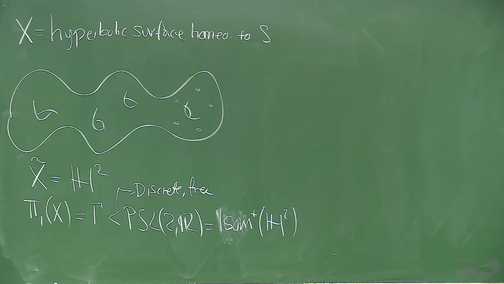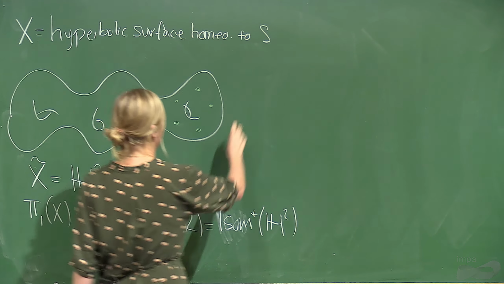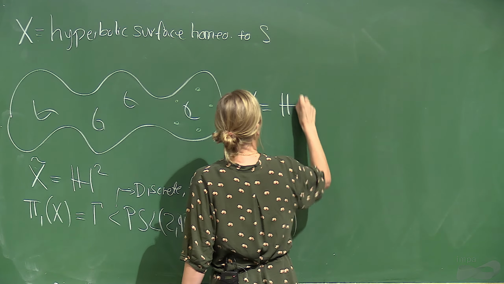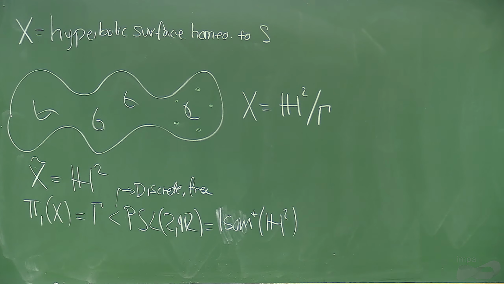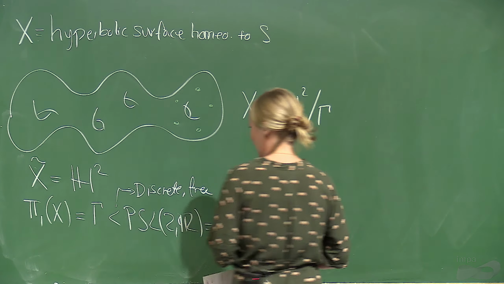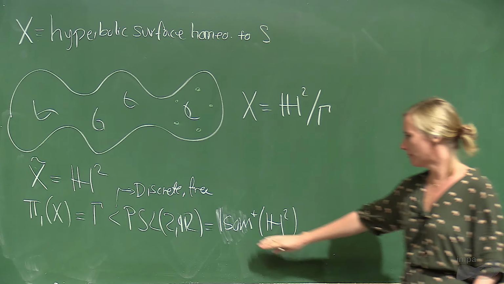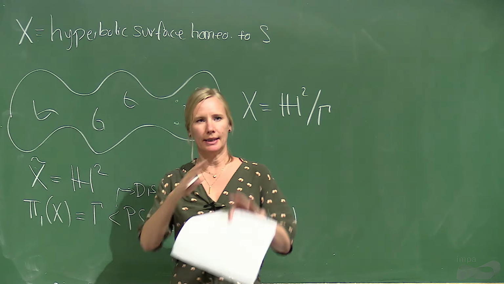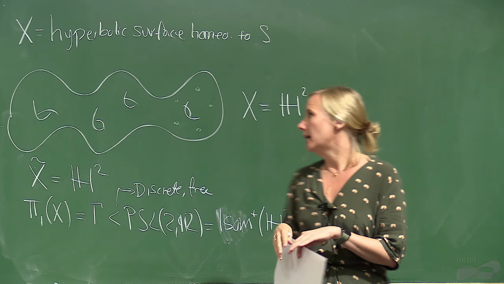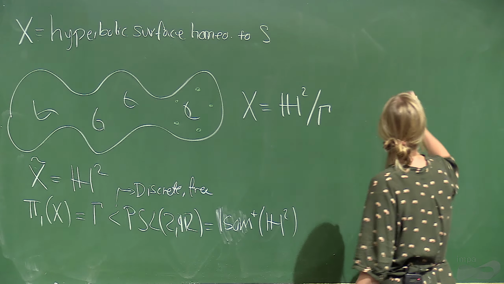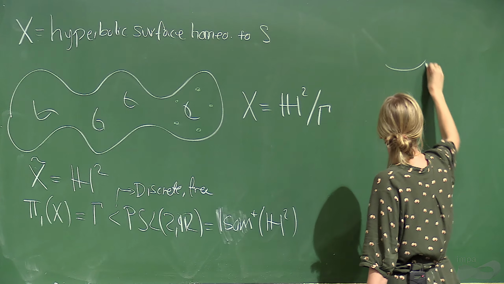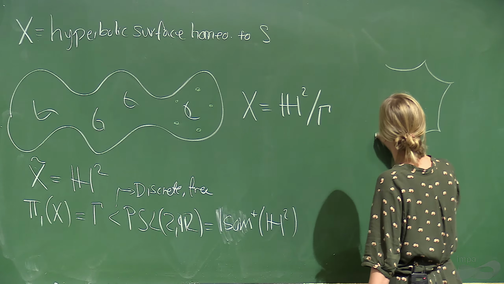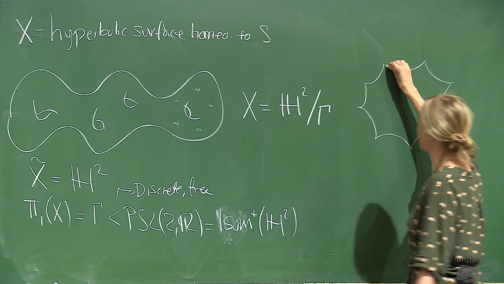And then you can view the surface as the quotient space. Or, more geometrically, it's the same thing: if you have a discrete subgroup of the isometry group acting on H2, it has a fundamental domain. You can think of this as maybe some hyperbolic polygon with side pairings identified.